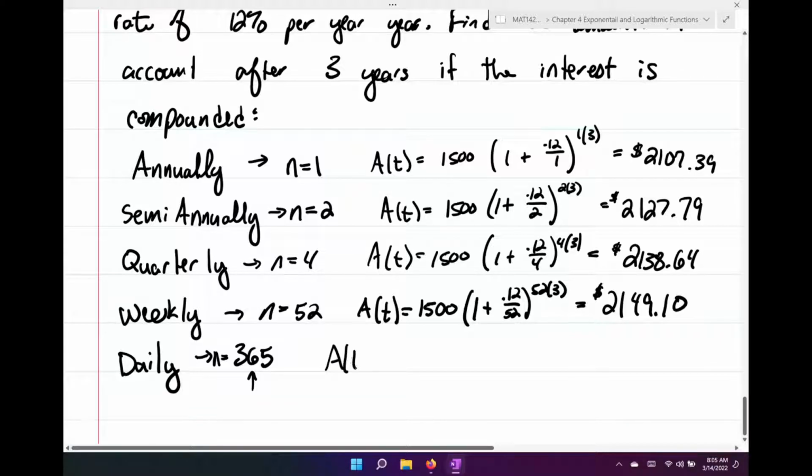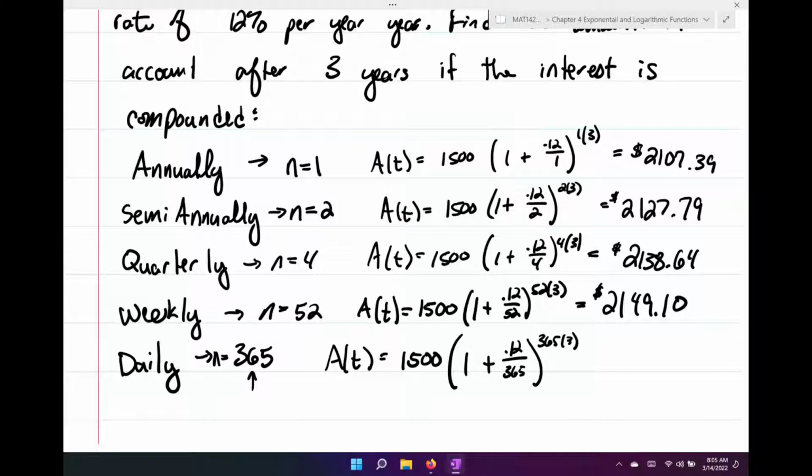So A of t equals 1500 times 1 plus 0.12 over 365, all raised to the 365 times 3. So just give me another minute here. 365 times 3. I'm doing my calculator work off camera here.